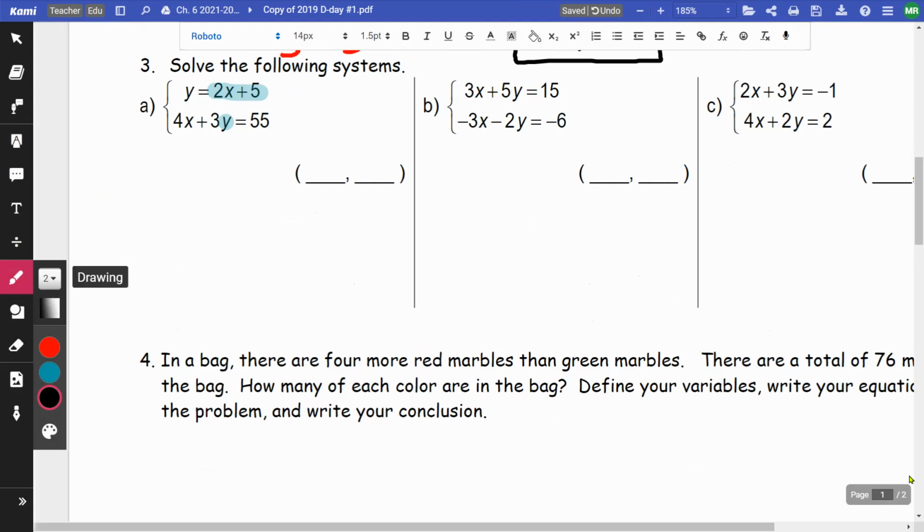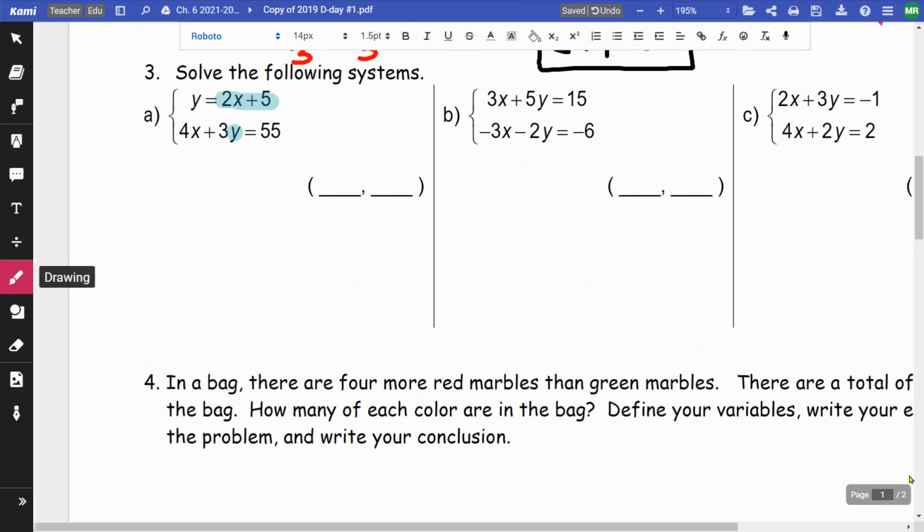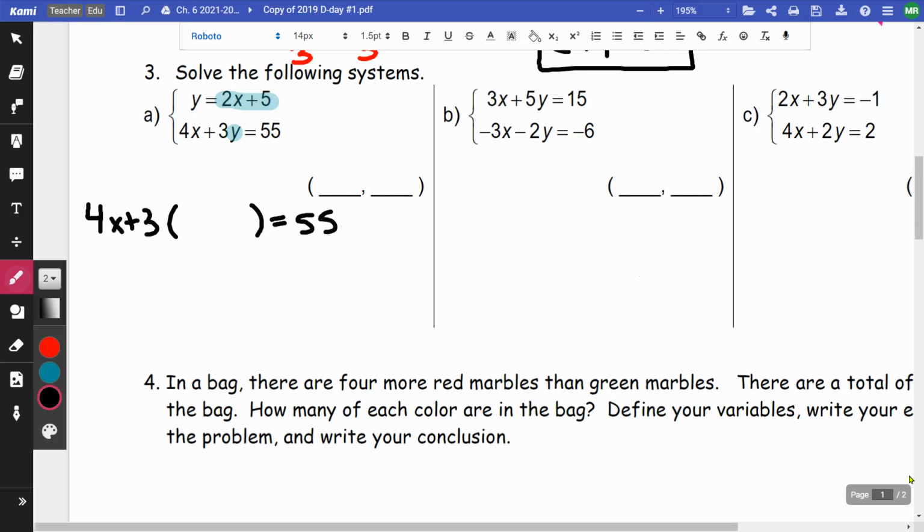So I am going to have 4x plus 3 times my y is equal to 55. And my y is the same as a 2x plus 5. So I am substituting this 2x plus 5 in place of this y.